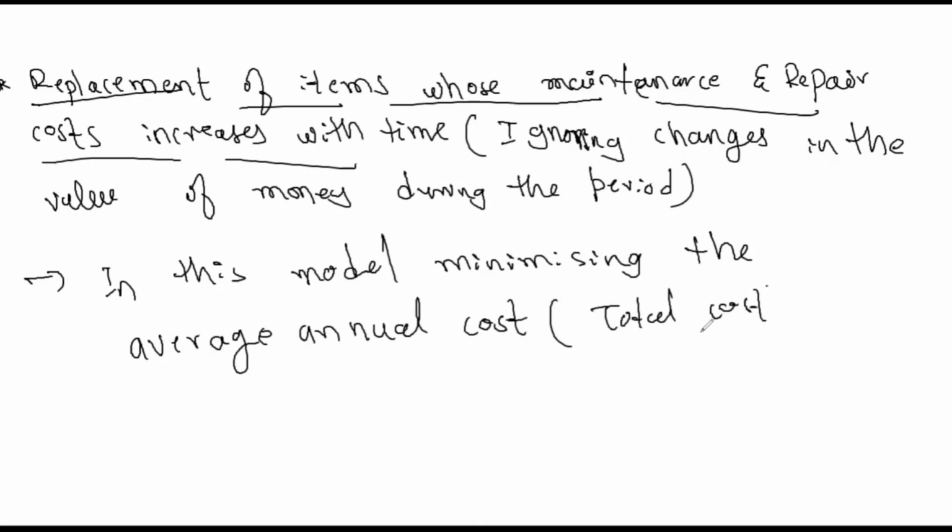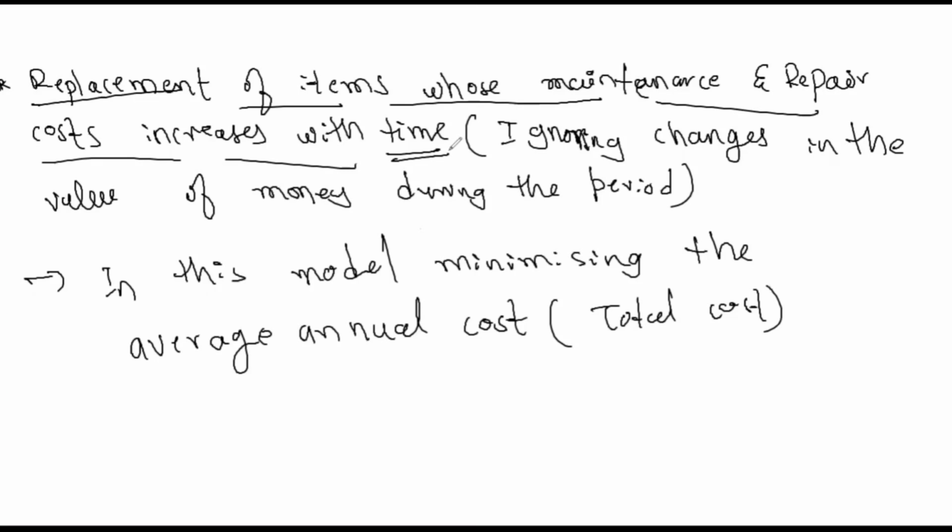We have to construct one function, and you know a function is nothing but a mapping, right? That function includes the total annual cost or average annual cost. So our aim is the replacement of items whose maintenance and repair cost increases with time, right?